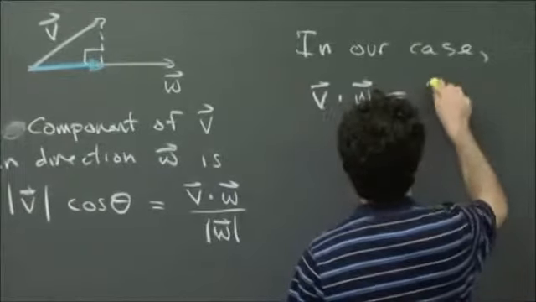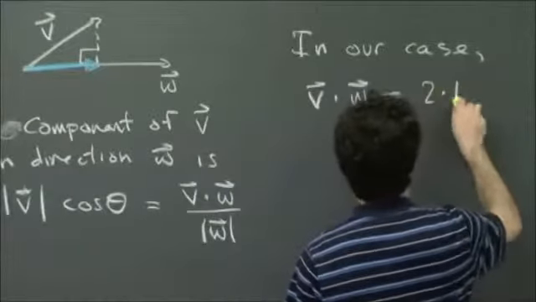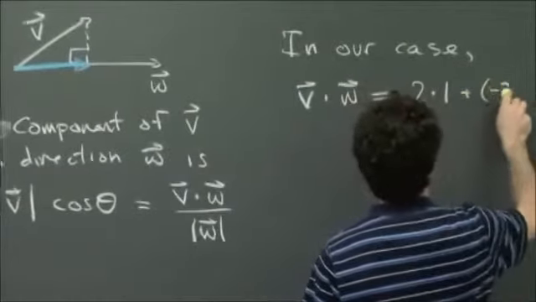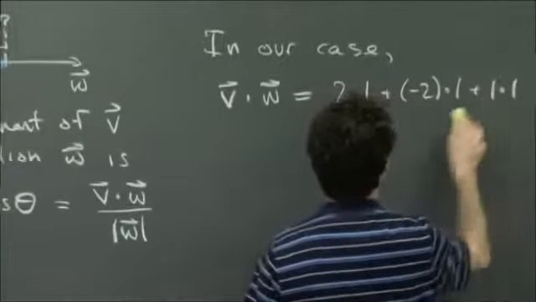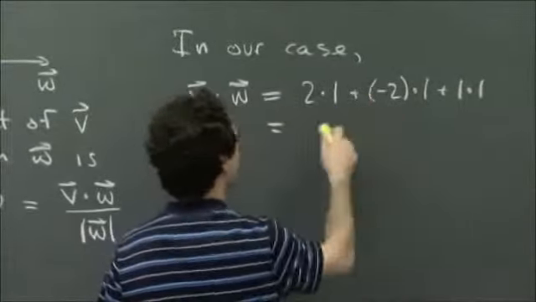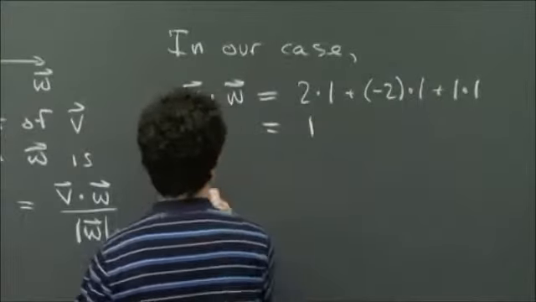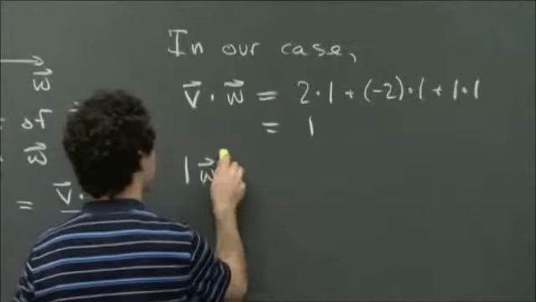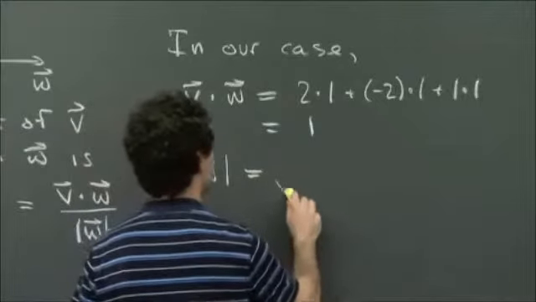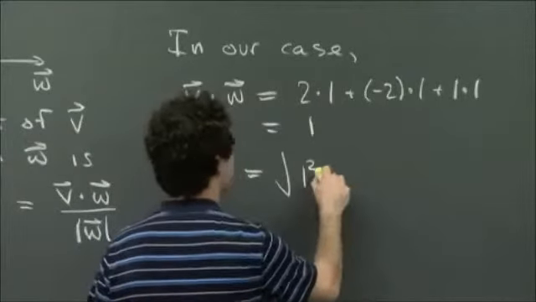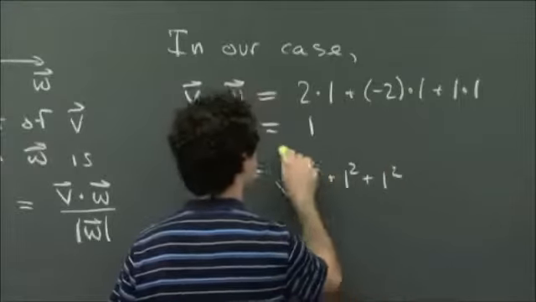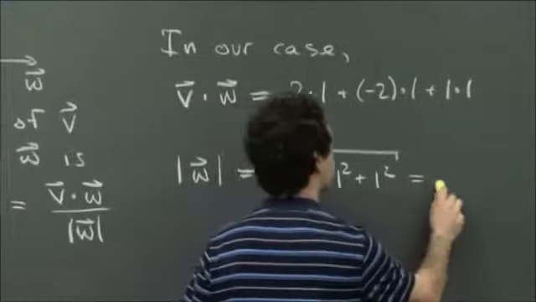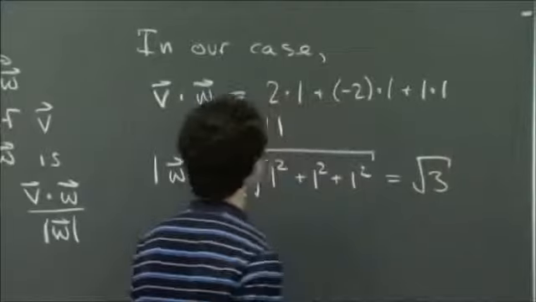So this is just 2 times 1 plus minus 2 times 1 plus 1 times 1. So 2 minus 2 plus 1 is 1. And the length of w, well, it's just your usual length formula: 1 squared plus 1 squared plus 1 squared, all square rooted, which is equal to the square root of 3.